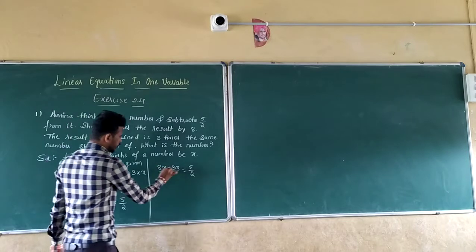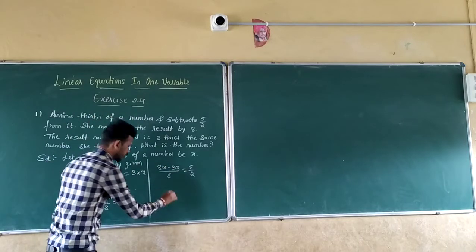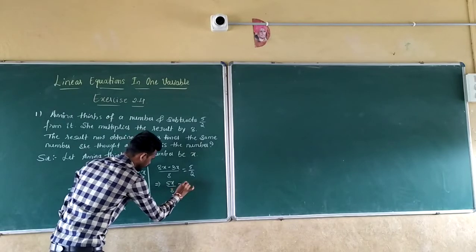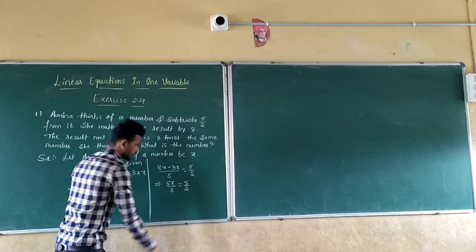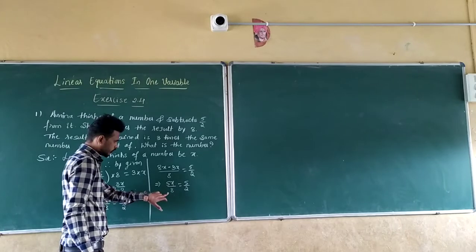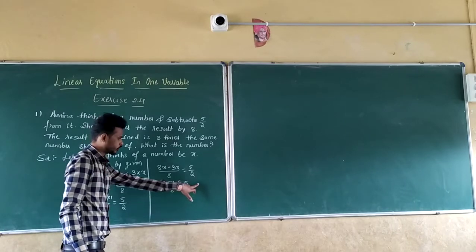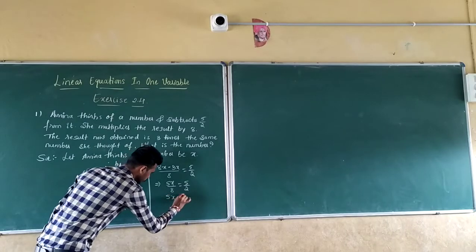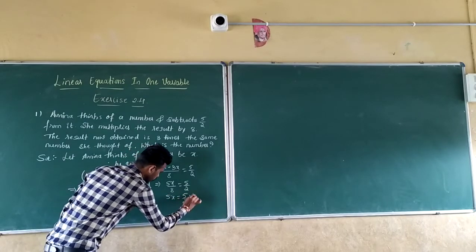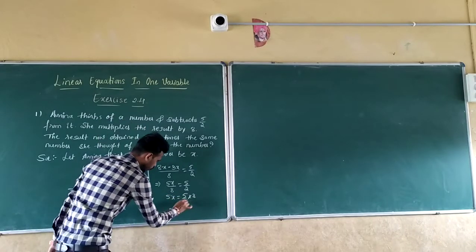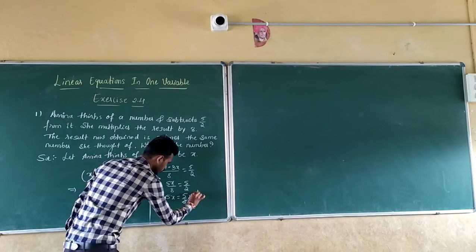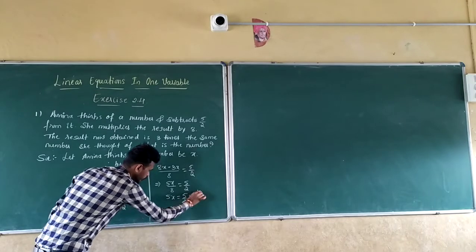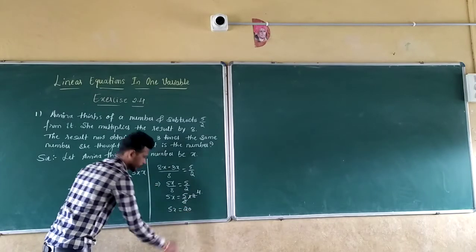So now 8x minus 3x, how much you will get? 5x divided by 8 equals 5 by 2. So now 8 is here division. Take that to the other side, that will become multiplication. So 5x equals 5 by 2 into 8. So 2 1s are 2, 2 4s are 8. Therefore 5x equals 5 4s are 20.